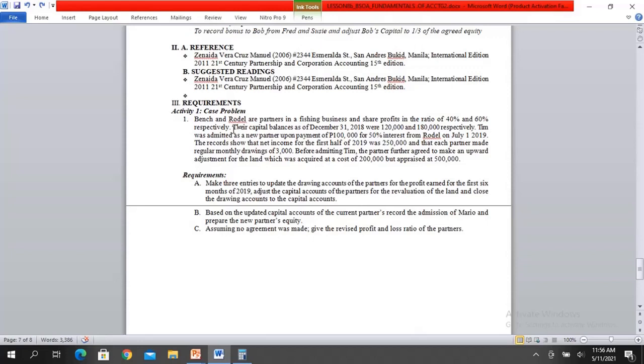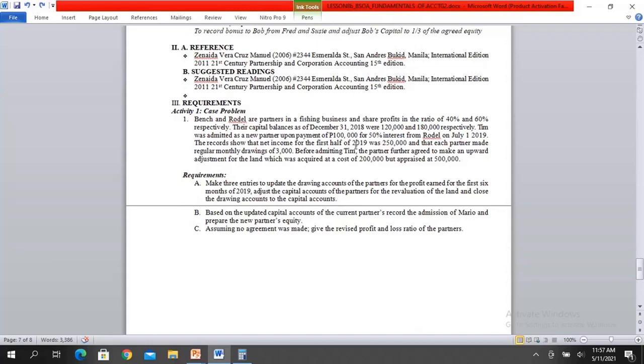So, requirement letter A. Make 3 entries to update the drawing accounts of the partners for the profit earned for the 6 months of 2019, adjust the capital accounts of the partners for the revaluation of the land, and close the drawing accounts to the capital accounts. So sabi dyan, meron nagre-regular drawings ng 3,000 monthly yung sila Bench and Rodel.